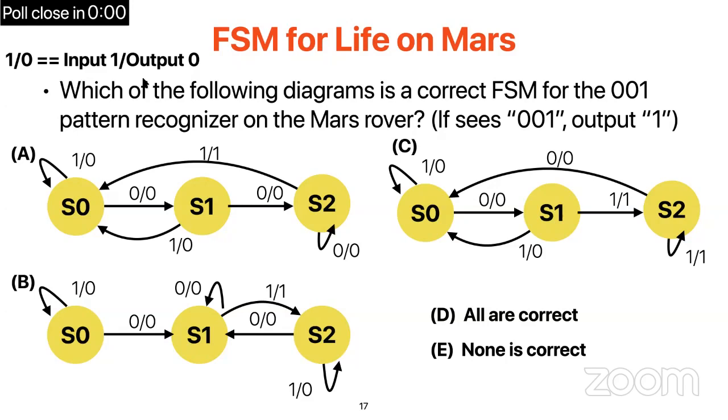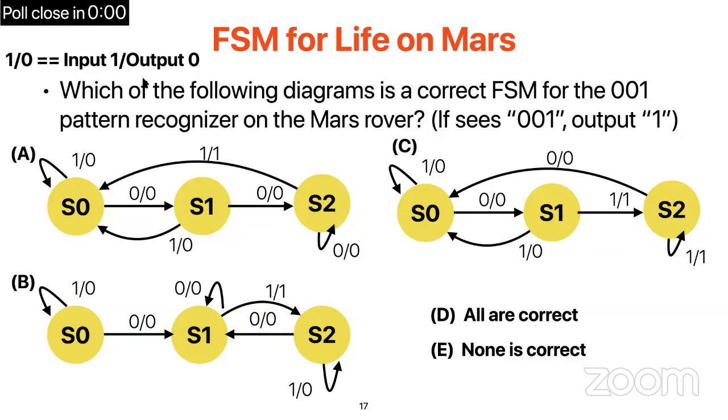What do you think? So I pick A because you want to output 1 only after you see a last input of 1, and that only happens for A. So if you go through this state machine, if I give you a question like this, then it becomes easier, in the worst case, you can just go through every state machine and see what's going on.